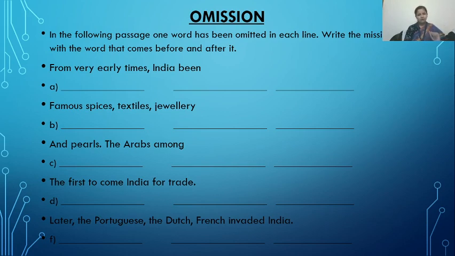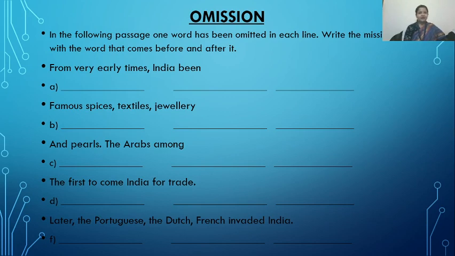So let's solve the exercise now. "From very early times, India been." Now, where do you think the word has been omitted? Can you tell me in which tense this sentence is? No, it is hard to find because there is no helping verb.